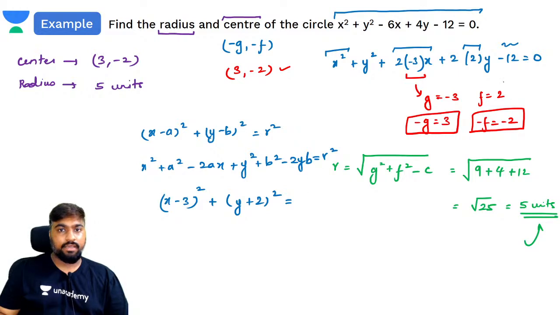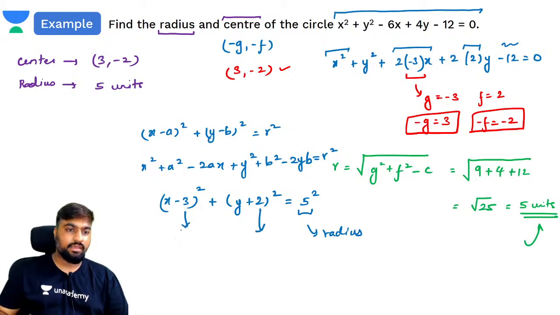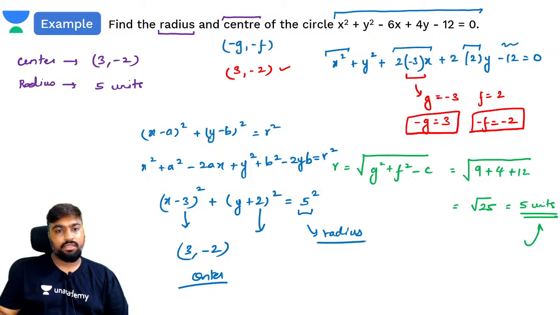From 12 square, if you remove 3 square, you will get 5 square on the right hand side. समझ में आ रहा है? तो ये हो गया आपका रेडियस 5, ये हो गए आपके सेंटर्स, 3 comma minus 2 सेंटर, और ये हो गया रेडियस.